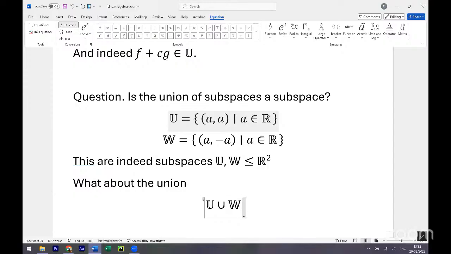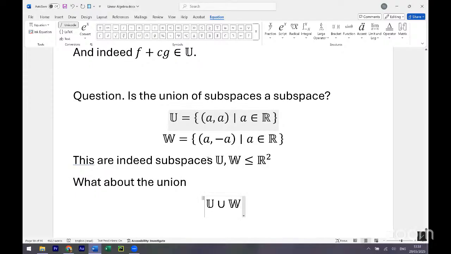That might be a problem. If you have, like, (2, 2) from U, you can't have (-2, -2) from W, and the sum will never be zero. Why would it never be zero? It will be, okay.